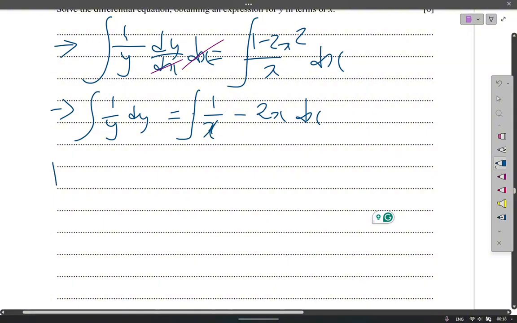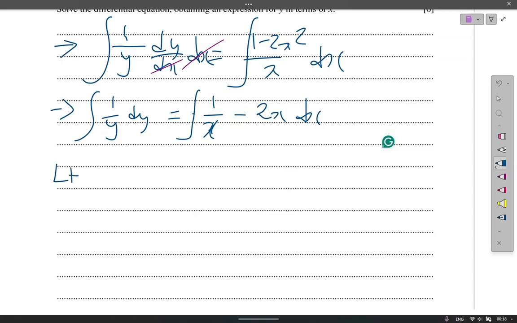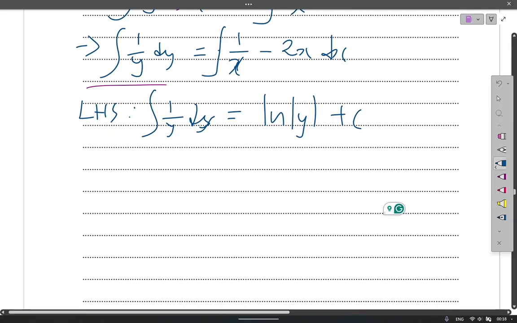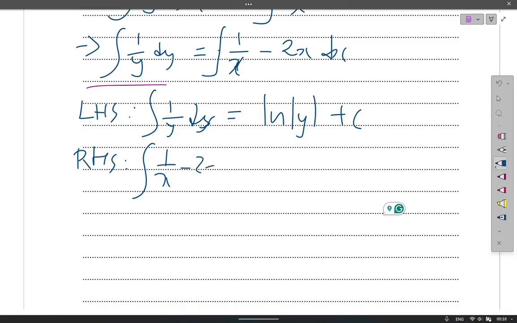Okay, so the left hand side, in other words this one, is just equal to ln of the absolute value of y plus c. And the right hand side, 1 over x minus 2x dx, is equal to ln of the absolute value of x minus x squared plus c.